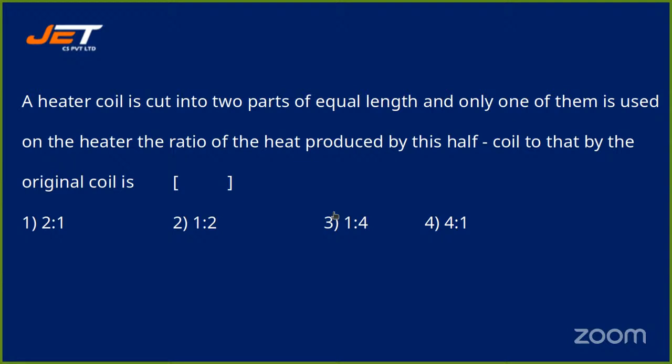So P will be inversely proportional to L. So P1 by P2 will be equal to L2 by L1. We are cutting L into half exactly. So L1 is equal to L and L2 is equal to L by 2. So what will you get? 2L by L. So you'll get 2 is to 1.